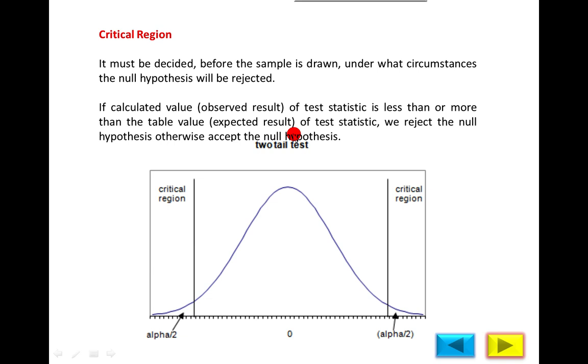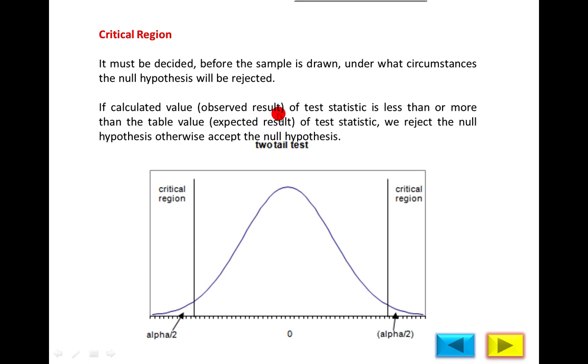What is the difference between the observed result of the test statistic and the expected result of the test statistic? The observed result is obtained from the sample data. First we select the sample from the population and then calculate the mean, standard deviation, etc., the sample statistics, and then apply the formula of the test statistic.